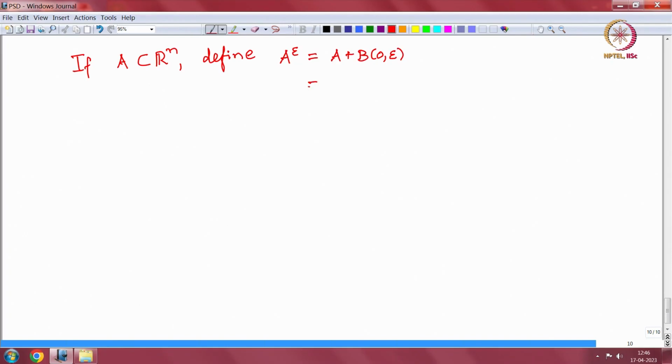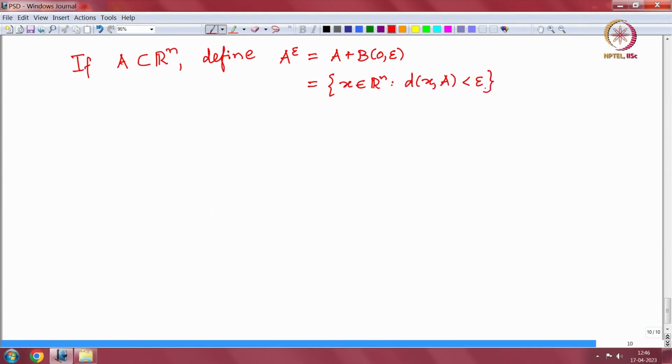You can write this precisely as the set of all points in Rn which have distance from the set A less than epsilon.